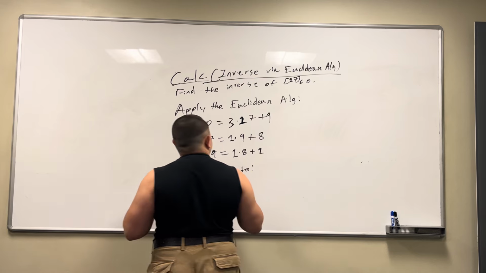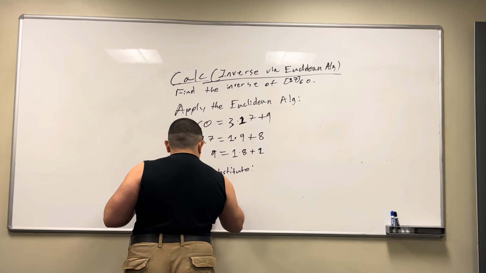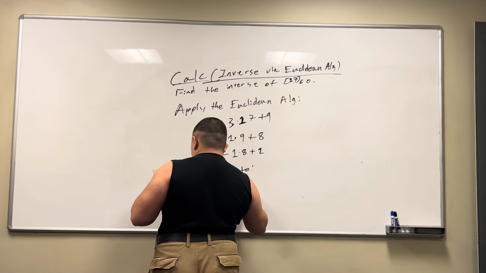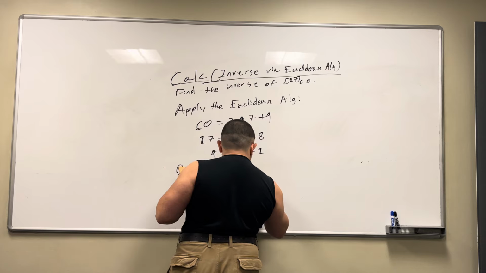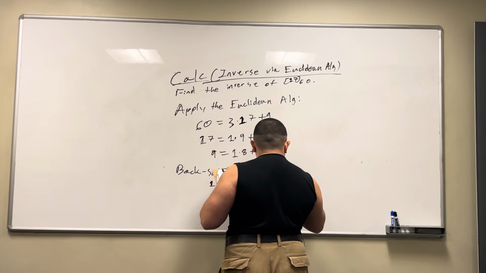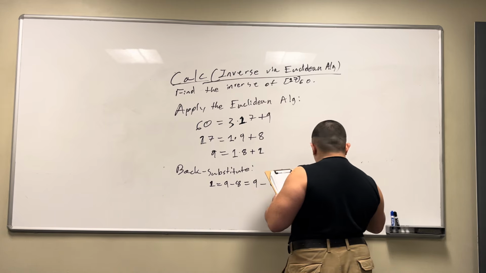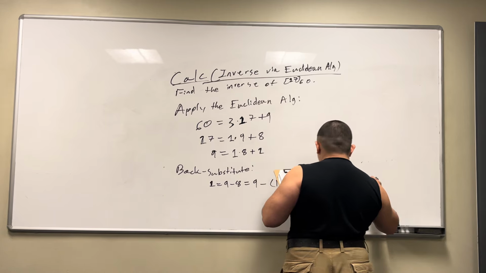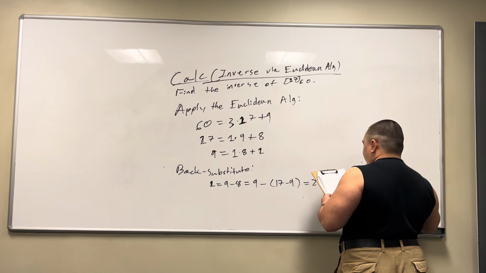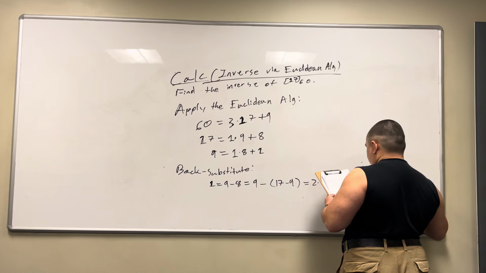What we get is 1 is equal to 9 minus 8, which is equal to 9 minus (17 minus 9), which is equal to 2 times 9 minus 17, which is equal to 2 times 60 minus 3 times 17.